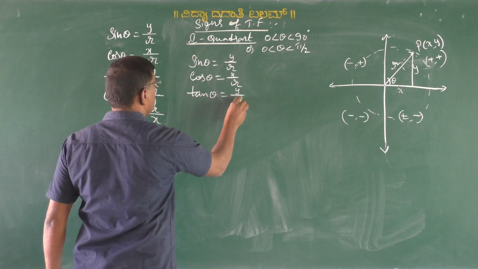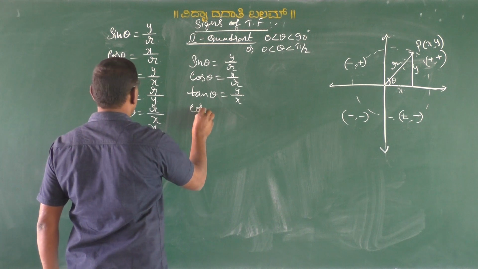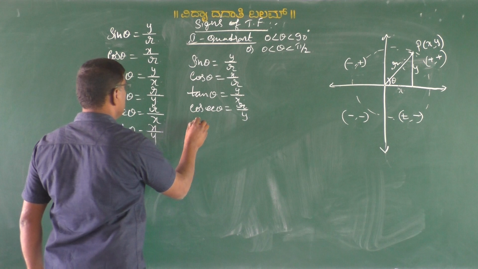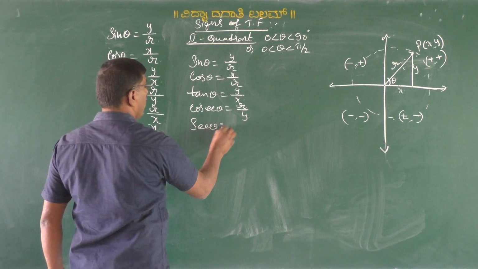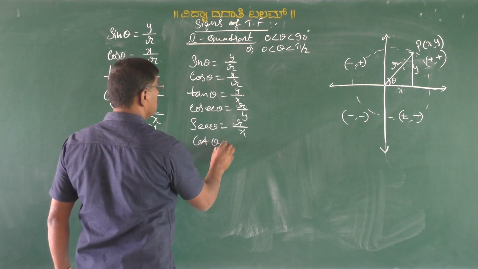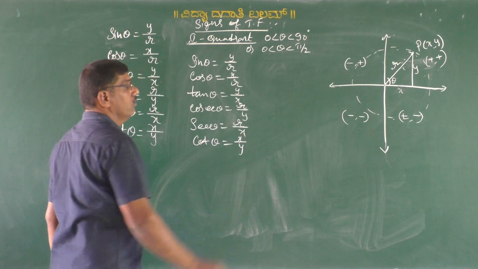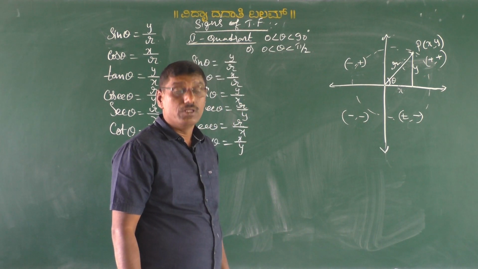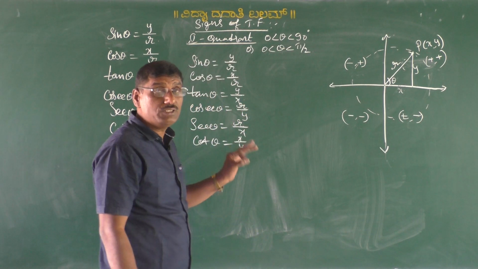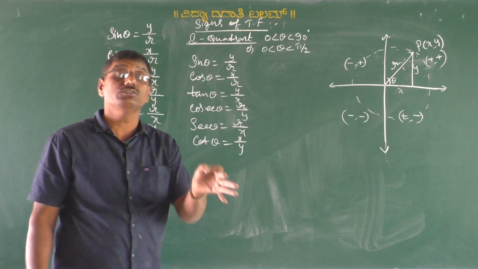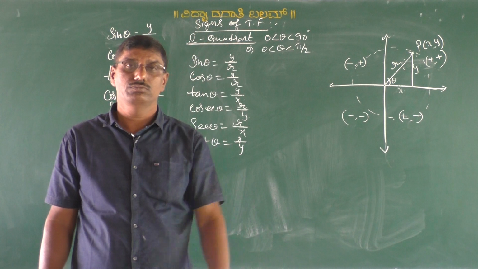Cosecant theta, r by y. Secant theta, r by x. Last one, cot theta, x by y. All are positive in the first quadrant. That means in the first quadrant all trigonometric ratios, all trigonometric functions are positive.